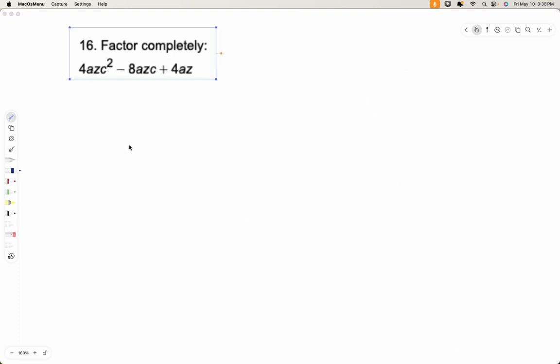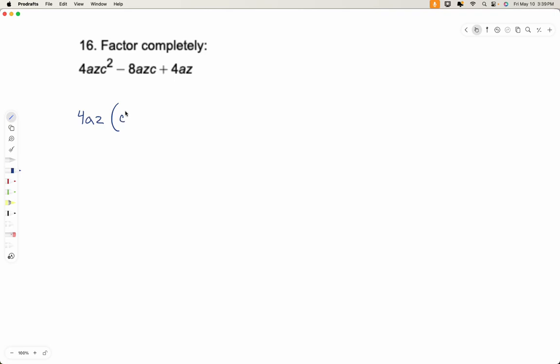All right, this problem asks us to factor completely. So the first thing I see is that I could take a 4 out of everything. I can also take an A out of everything, and I can also take a Z out of everything. Now when I do that, I get C squared when I take 4AZ out of this.